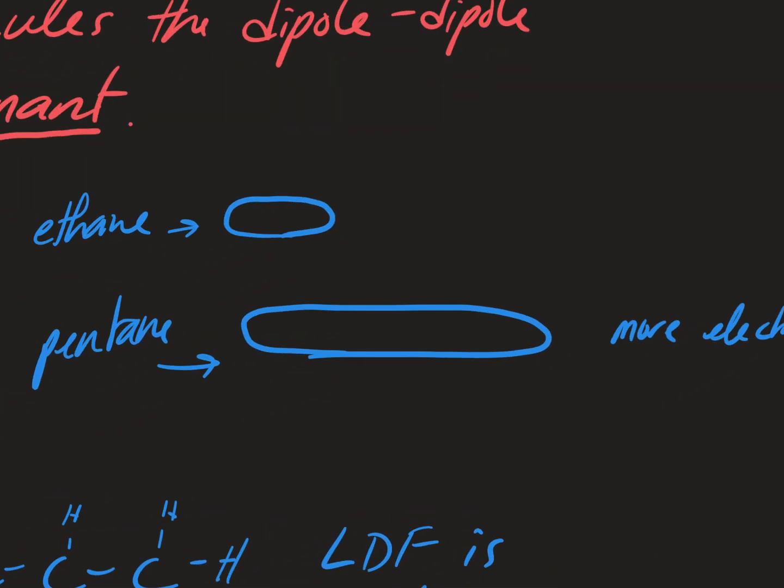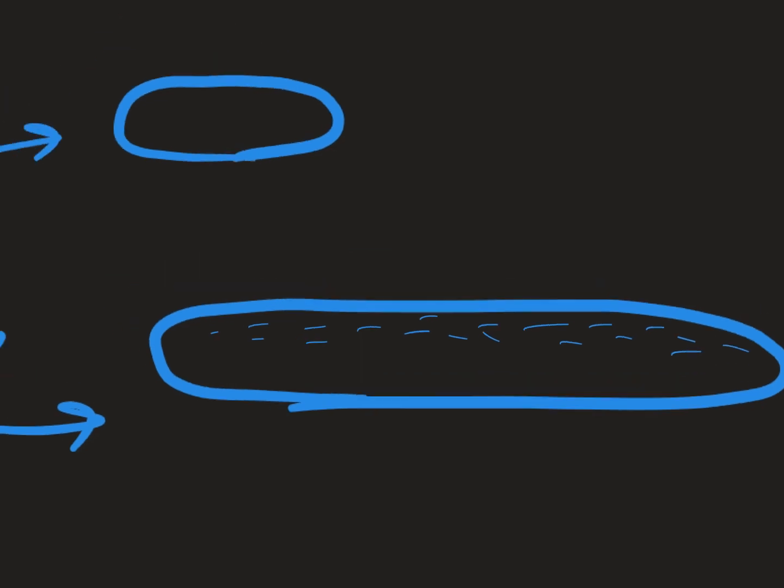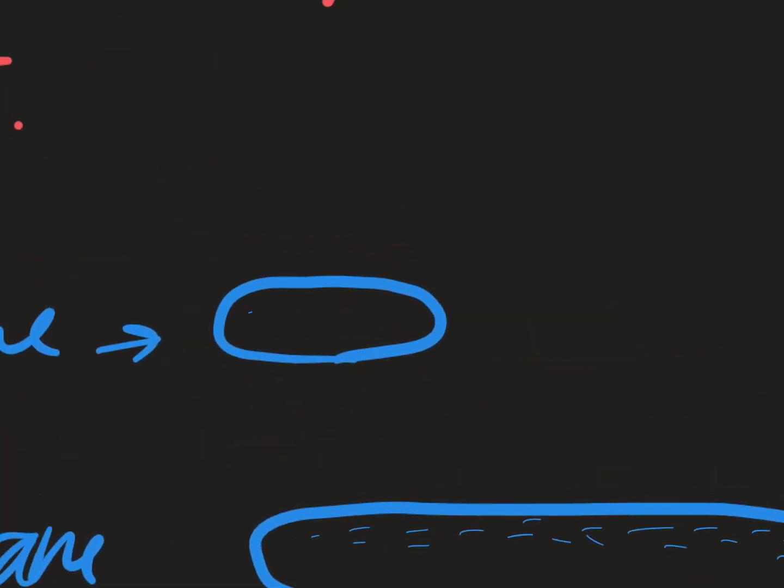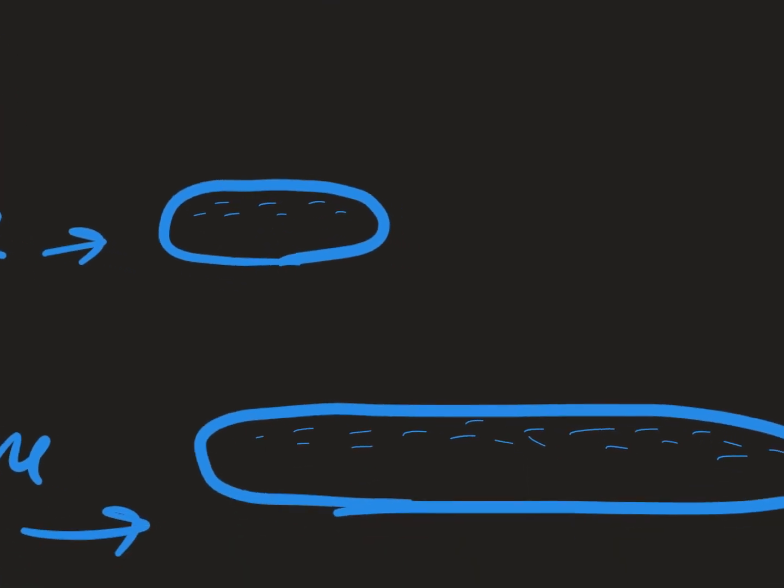So in any given instant, you could have more negative charge on this side of the molecule than the other side. On any given moment, you could have more electrons on one side than the other. Here we would have a negative side and a positive side.